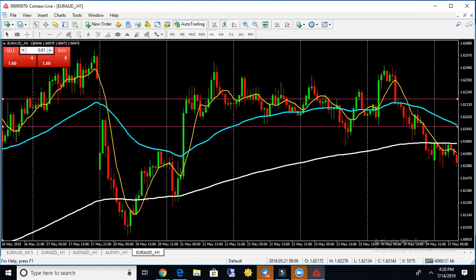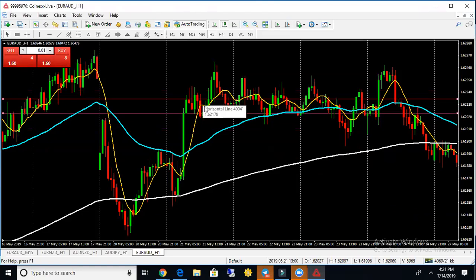I'm a buy stop kind of person here. If I would have set a buy stop there, I would have got stopped out. Even though it did go up, I would have set my stop loss here, and I would have got stopped out.